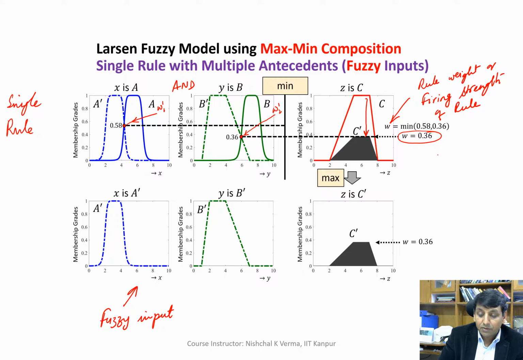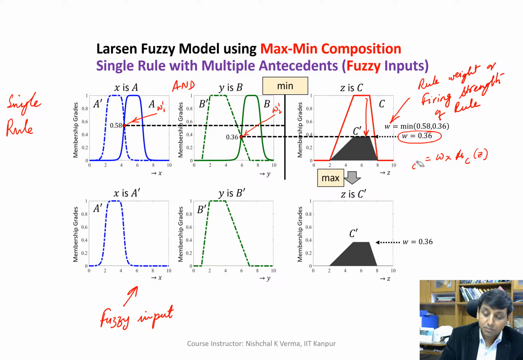and I already mentioned that we can get it very easily. What we do here is we just take this W as 0.36 and multiply it with mu B, the membership function of the fuzzy set characterizing the output fuzzy set C. So this is mu C, not mu B. So W into mu C of Z is going to give me mu C dash.